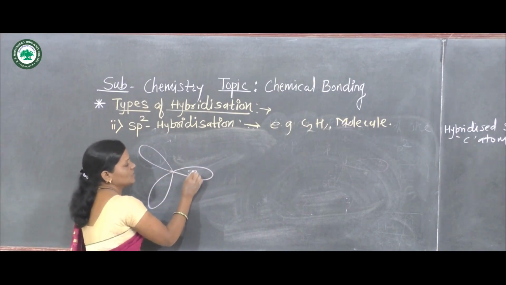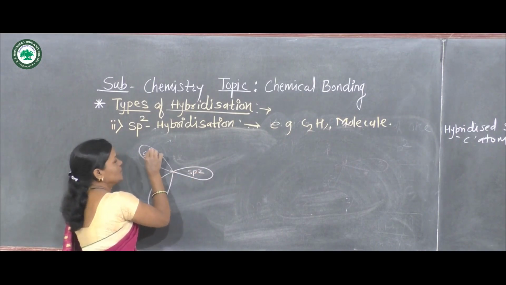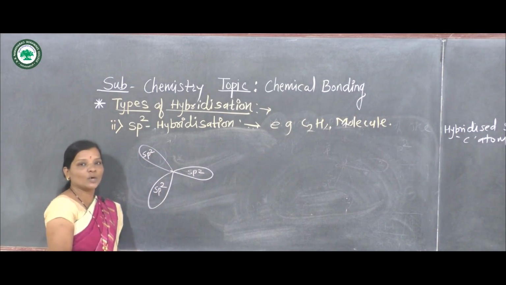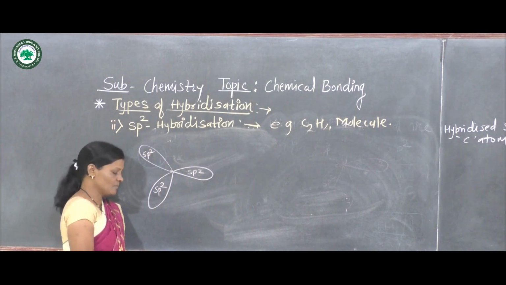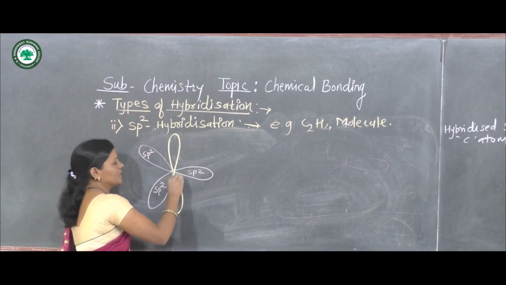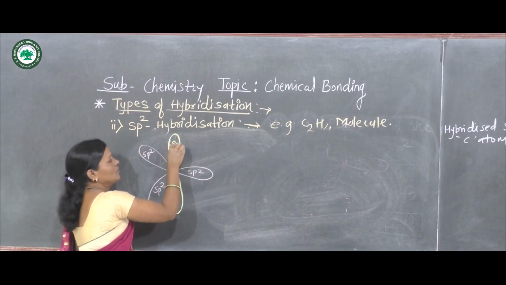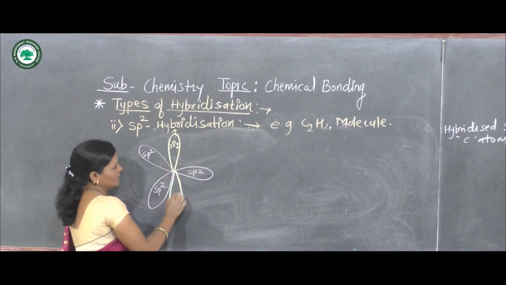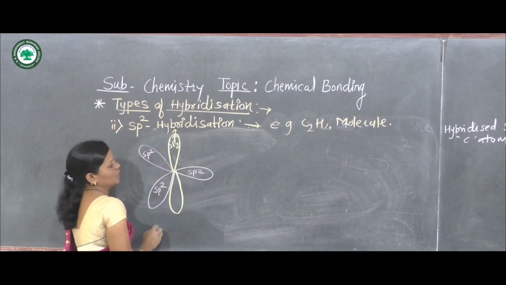This one is the first sp2, second sp2 hybrid orbital, this one is the third sp2 hybrid orbital of the first carbon atom, this one is the unhybridized 2pz orbital of the first carbon atom, and that carries a single electron.